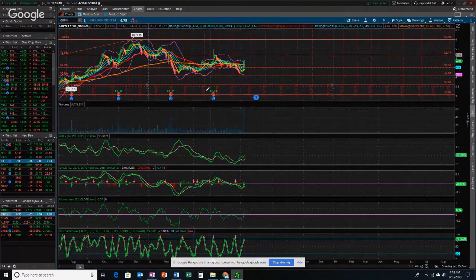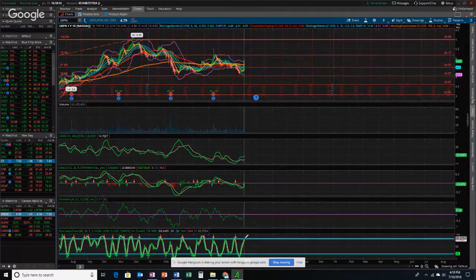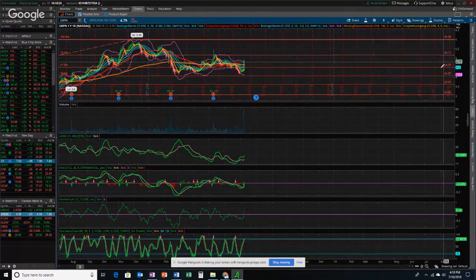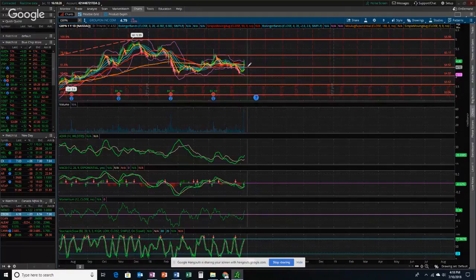This is all a great sign, but it's going to get rejected at the top Bollinger, and that's simply because the stochastic slow most likely has to come down. It's in the overbought. So this tells me that within the next few days, we're probably going to find a 452 support since we're right there. We'll consolidate a little bit more, and then we'll be ready for a breakout.